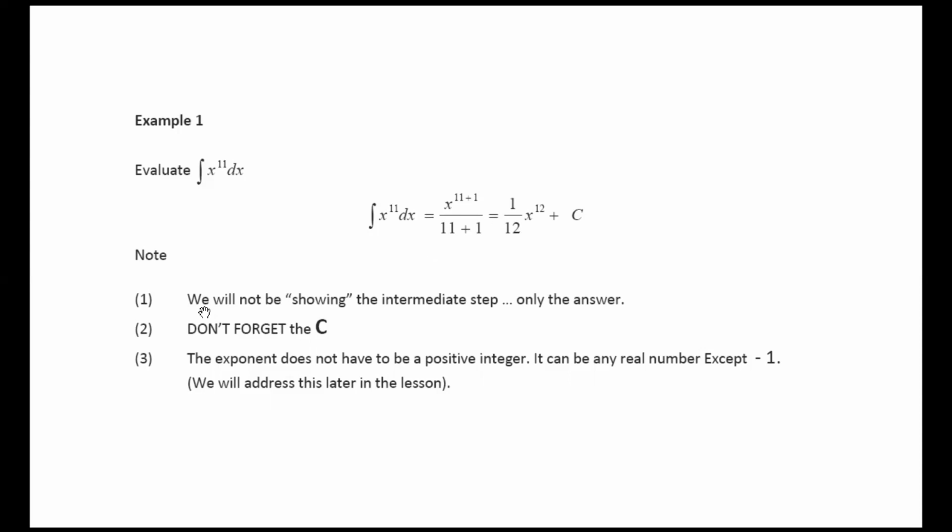So as we say here in this note, we will not be showing the intermediate step, only the answer. Don't forget the C. That's a part of the answer. Now, the exponents do not have to be a positive integer. They can be any real number except -1, and we will explain that in a bit.